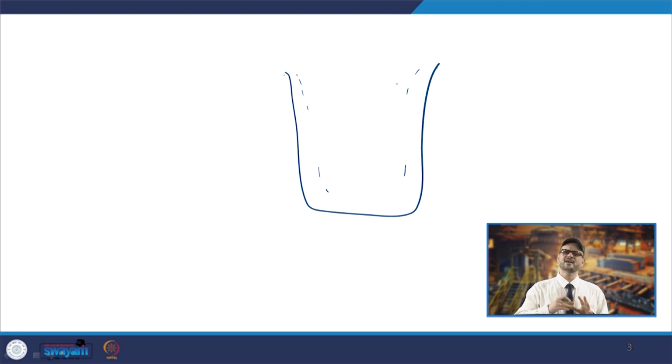This ingot will be taken to the slabbing mill, then it will go to the rolling mill. You have hot rolling, then you have cold rolling. So, there are many processes which it has to undergo. If you talk about the production of a thin sheet of steel, all these processes have to be done.